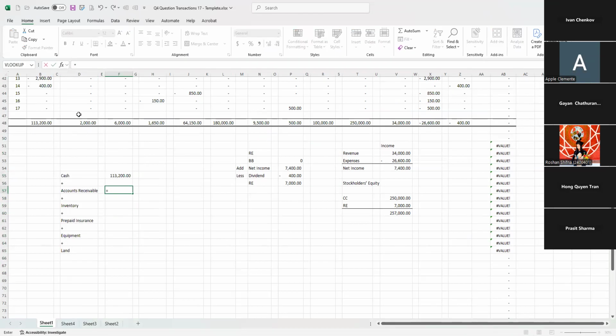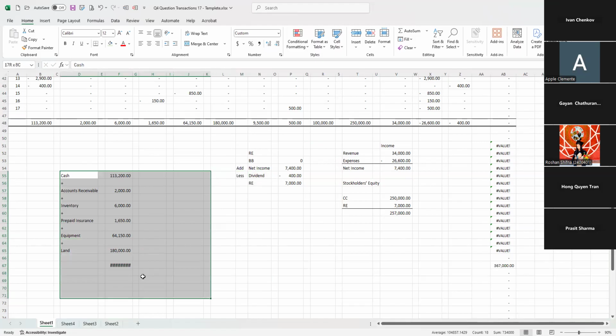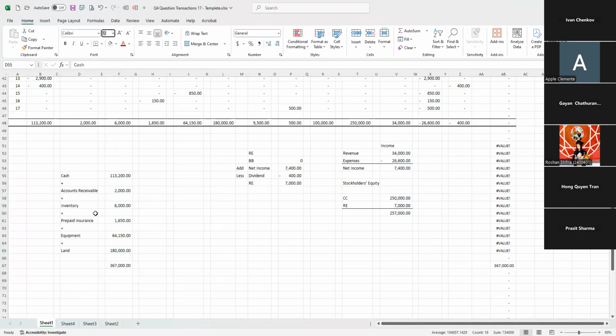Then I have my accounts receivable, inventory, prepaid insurance, equipment, and land. So how much assets do I have? I have assets of $367,000.